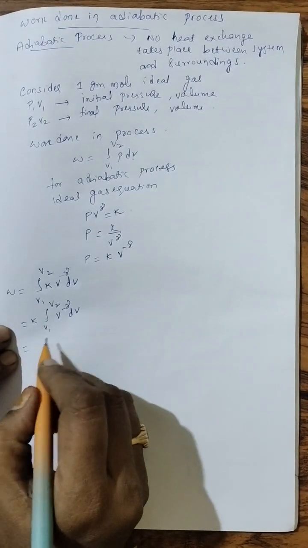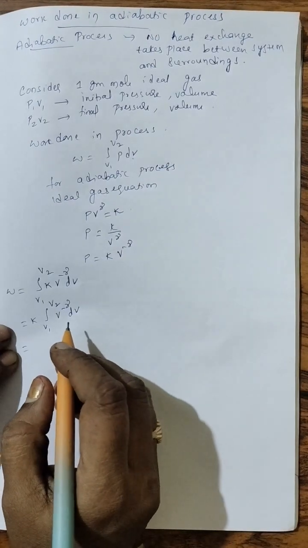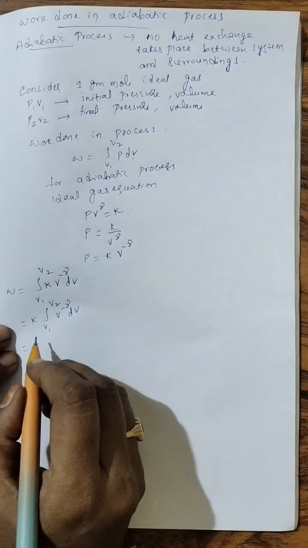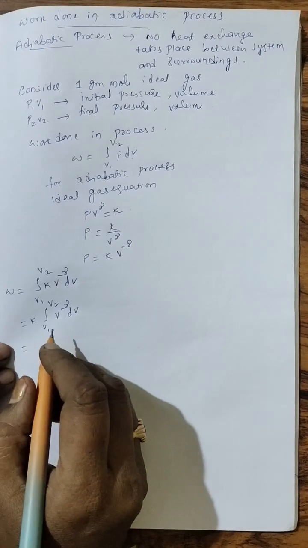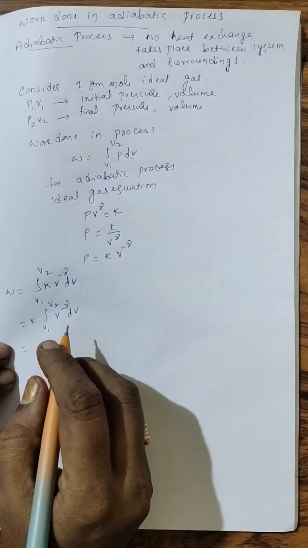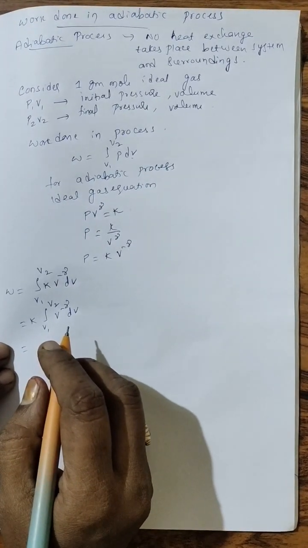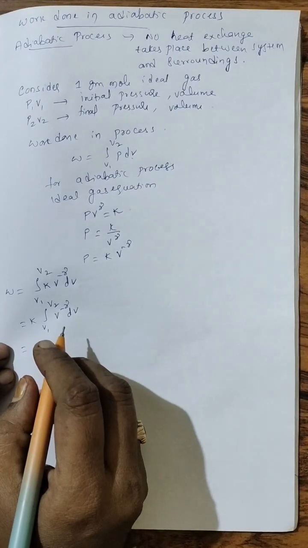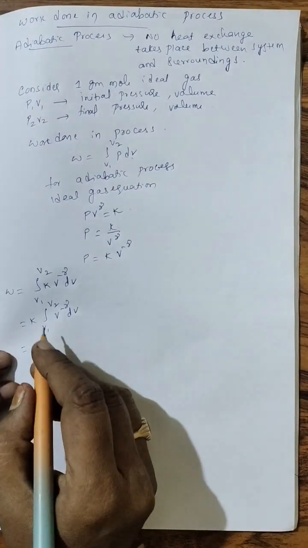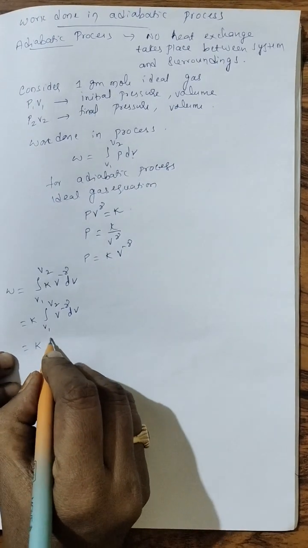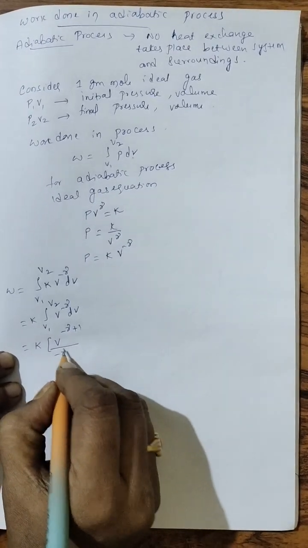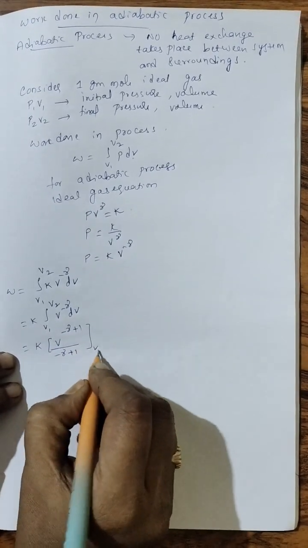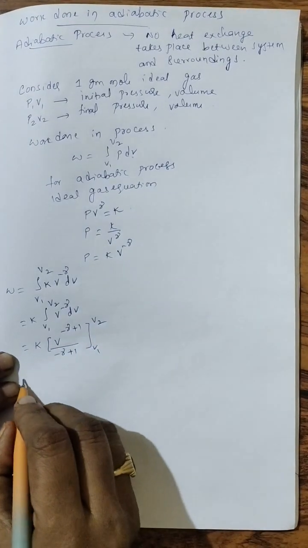What is the integration of V to the power of minus gamma? How we will write? x to the power of minus n is x to the power of minus n plus 1 by minus n plus 1. This is the formula. Following that formula, V to the power of minus gamma plus 1 by minus gamma plus 1, V1 to V2.